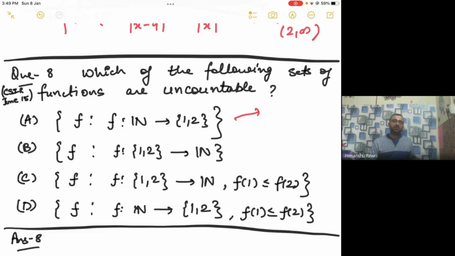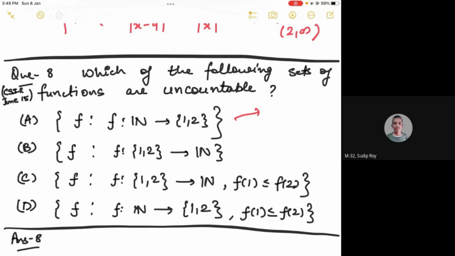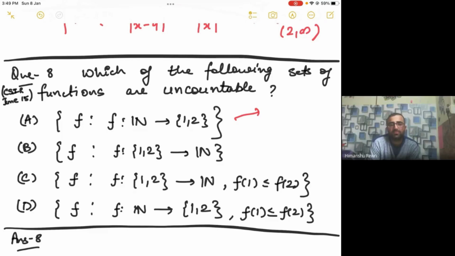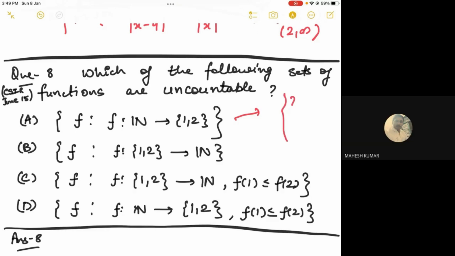So is this uncountable? Yes, sir. I think no, because we can define even numbers go to 1 and odd numbers go to 2.